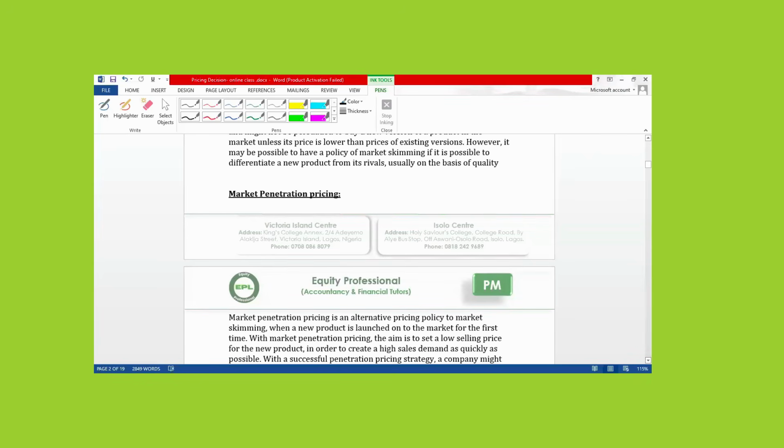You are charging a low price when the product is newly introduced. The objective is to penetrate the market.